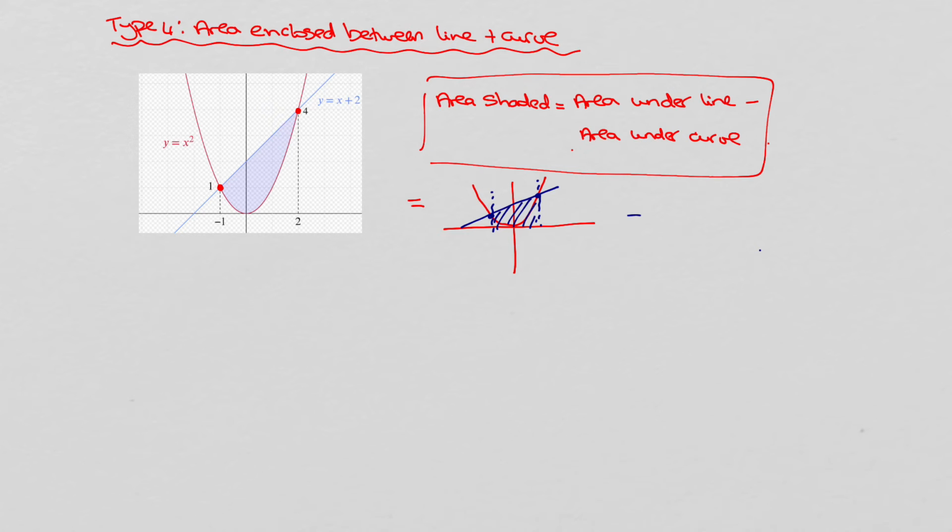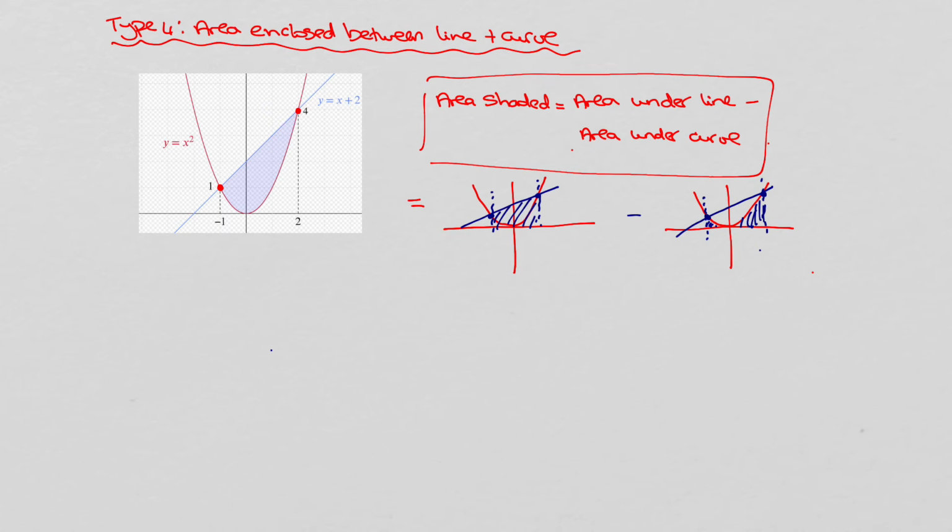And then if we subtract from that the area under the curve between those limits, which would be this bit here and this bit here, then we'd be left with the enclosed shaded blue bit.